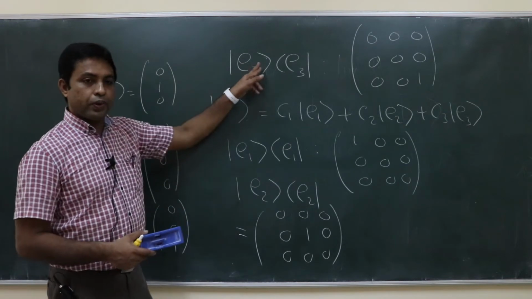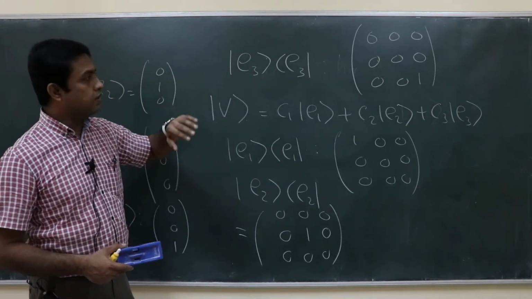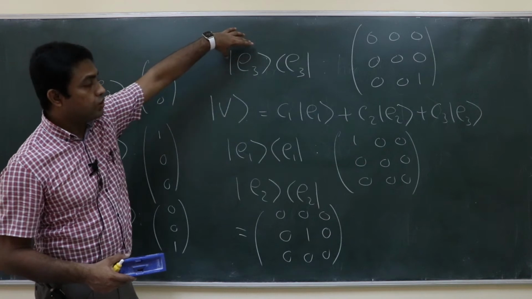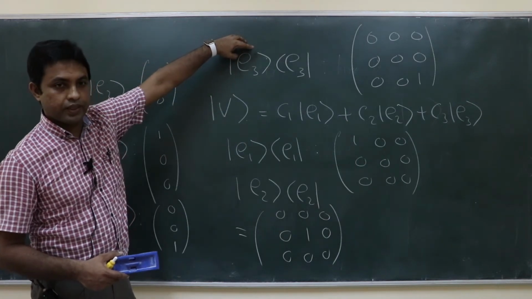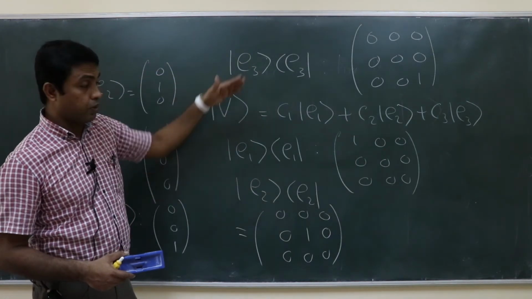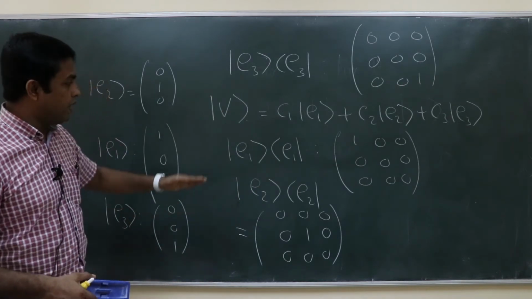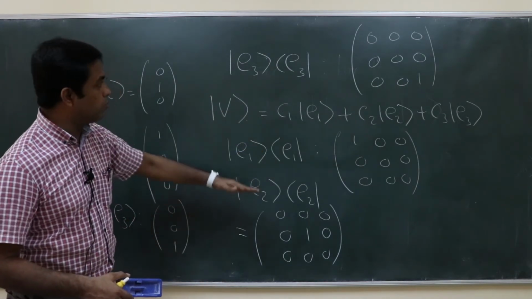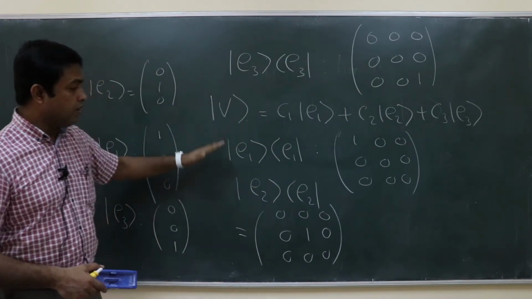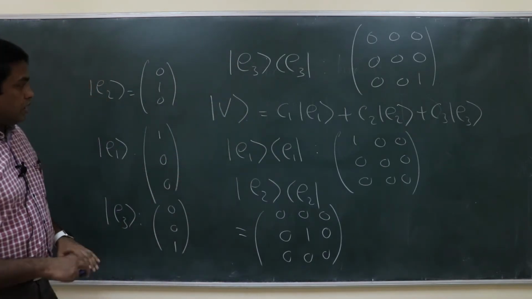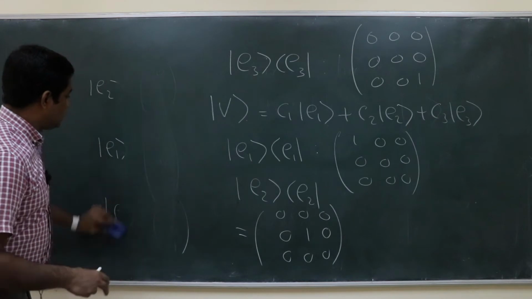So this outer product is also called, in linear vector space theory, a projection operator. These particular cases, ket E1 bra E1, ket E2 bra E2 and ket E3 bra E3, are projection operators. We will see why they are projection operators, that they do just this job.